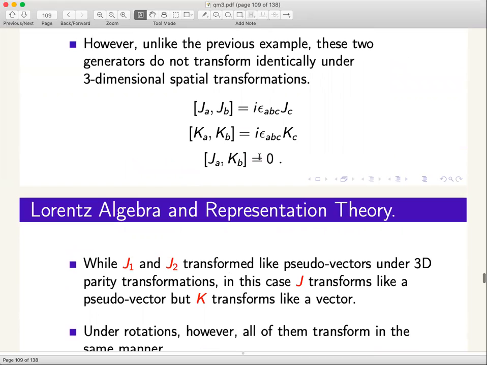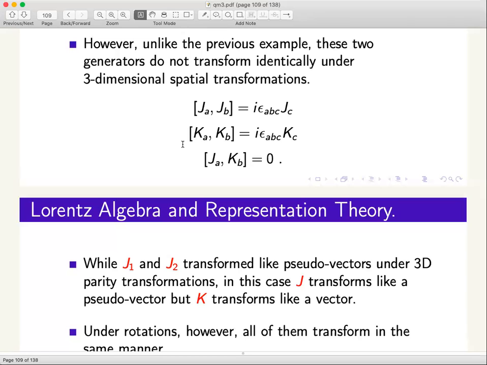Now, given that this algebra has the property that J commutes with K, you can simultaneously diagonalize generators in J and generators in K without worrying about what basis you choose in J generators and what basis you use in K generators. This commutator tells you that these do not talk to each other, so you can choose whatever you want. But suppose you are looking at representations of J, then you might as well forget about the existence of K, because the K's are not going to affect what representations the [J_A, J_B] = i epsilon ABC J_C algebra would have.